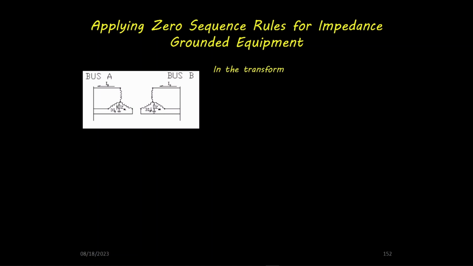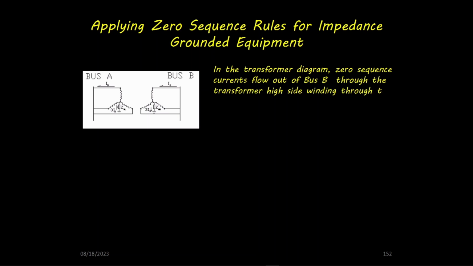In the transformer diagram, zero sequence currents flow out of bus B, through the transformer high-side windings, then through the high-side neutral impedance ZNH.